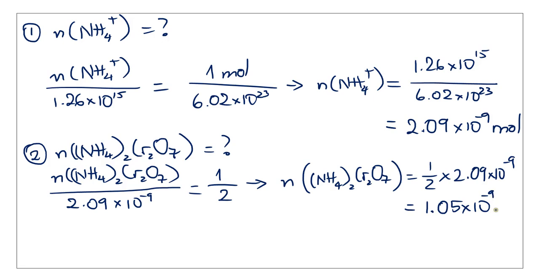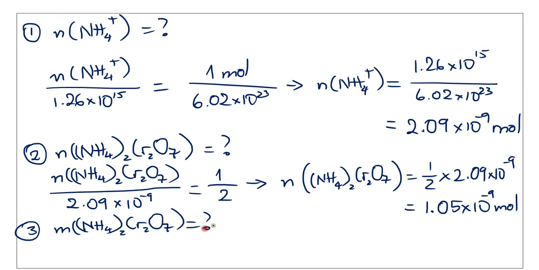I'm using the exact values though, not the rounded value. The final thing I need to calculate is the actual mass of ammonium dichromate. This thing is called dichromate. So in order to find this, I'm going to have to use the relationship between mass and molar mass.